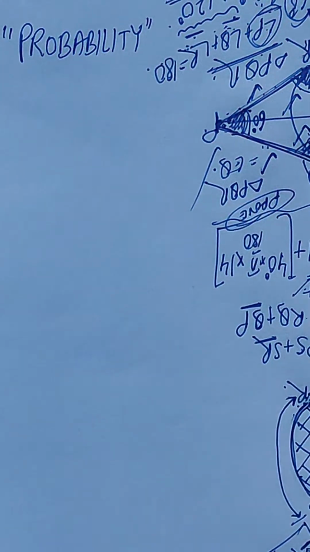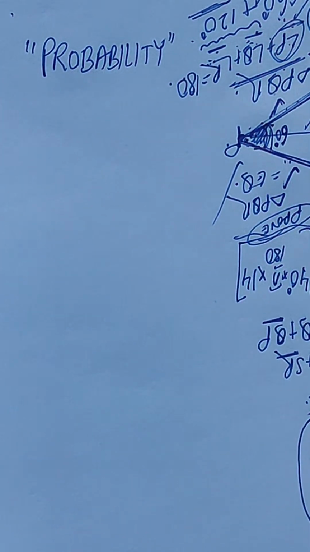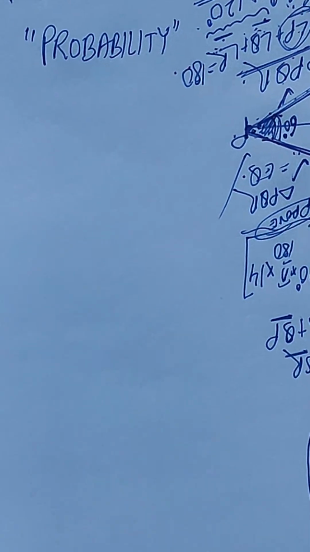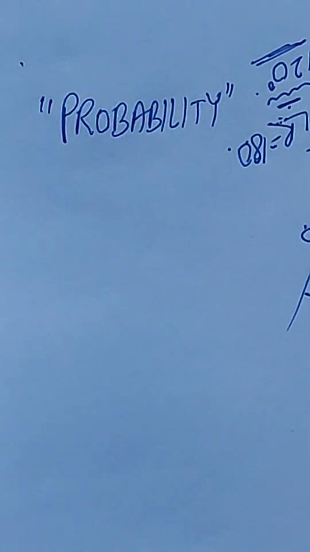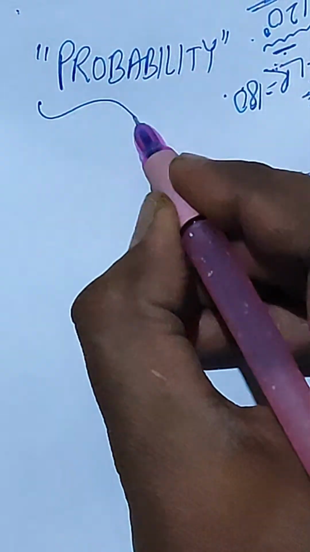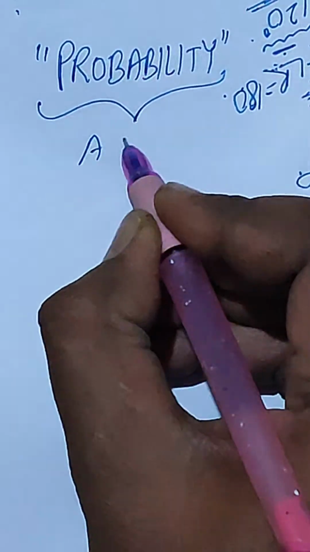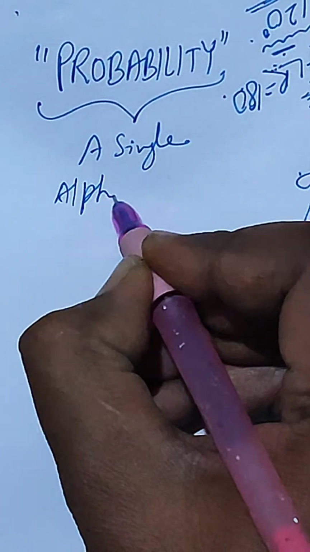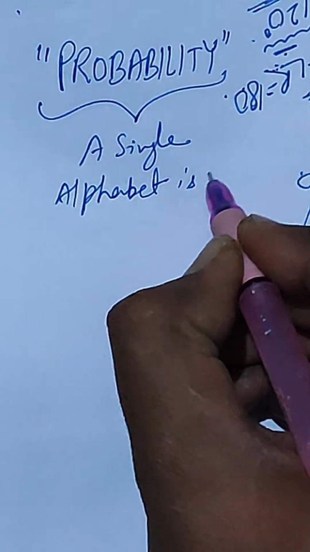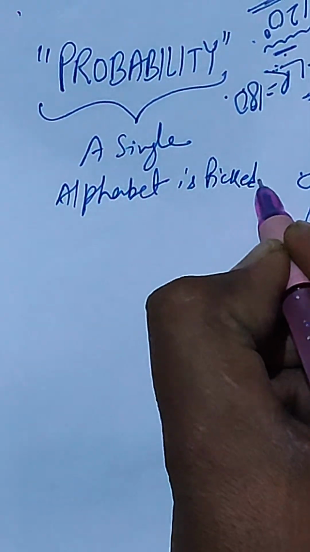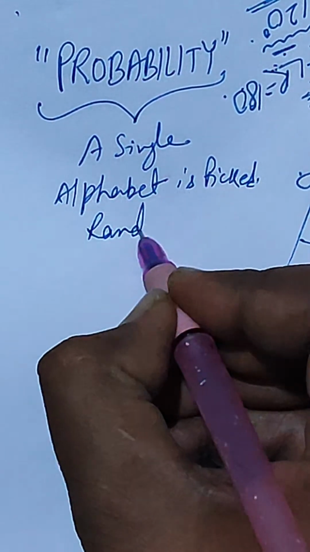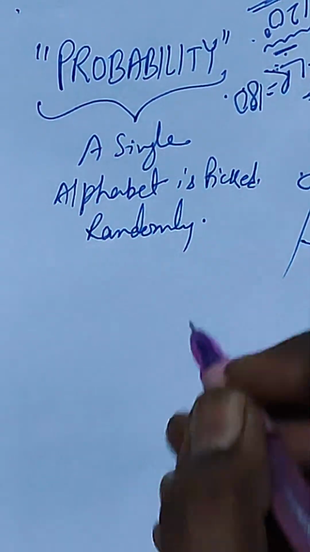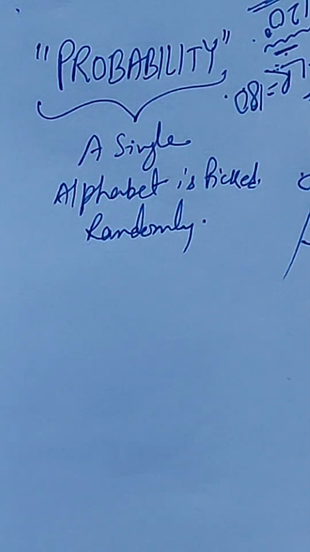So from this, a single, let me zoom a little. Yeah, I think it's a little better now, right? So from this word, a single alphabet is picked randomly, right? Then what is the probability of getting a vowel, right?